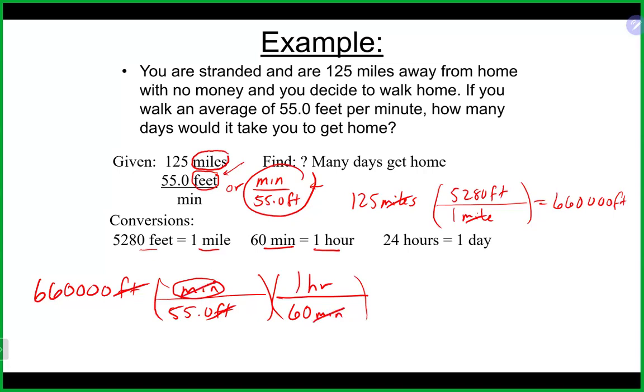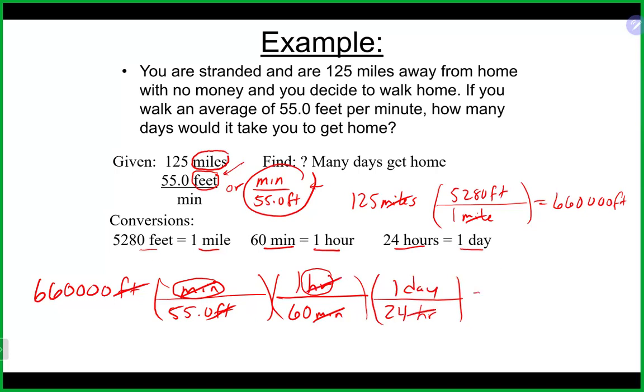If I stop at this point, I'm in hours, which is close to what I want. So I just now need to take it from hours to days. And again, there's 24 hours in a day. Because I set it up like this, I could again clearly see my hours are up on top. So to get rid of it, we're going to go opposite location, which means the hours do need to go on the bottom and the day needs to end up there up on top.